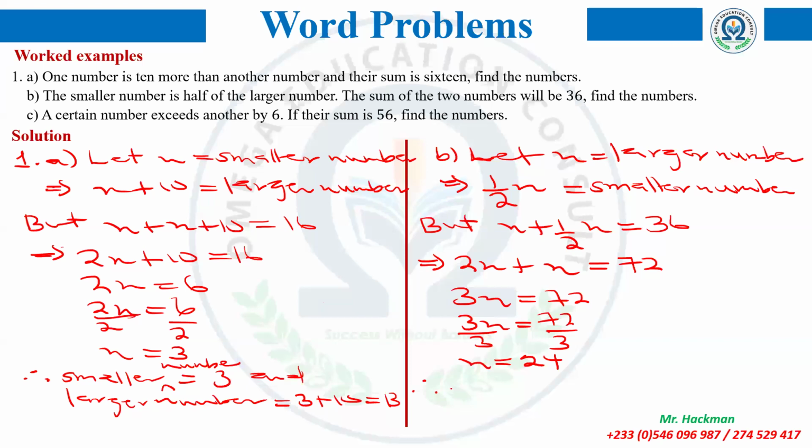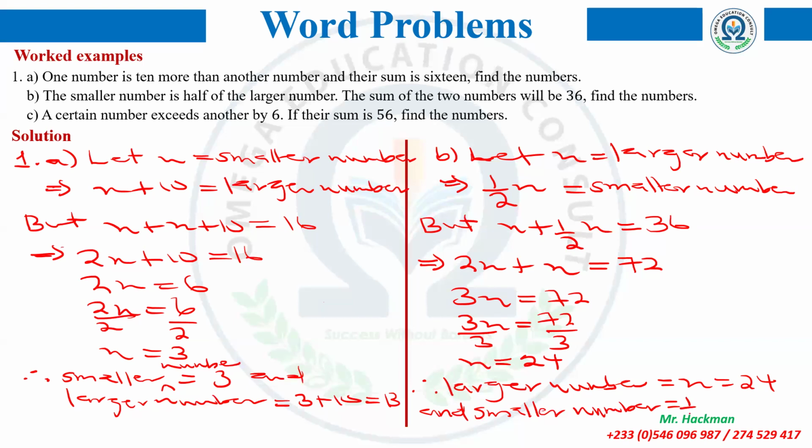So I'm going to write therefore my larger number is equal to x, and that is equal to 24. Your smaller number will be equal to half of x, and that will be equal to half of 24, and that is 12.